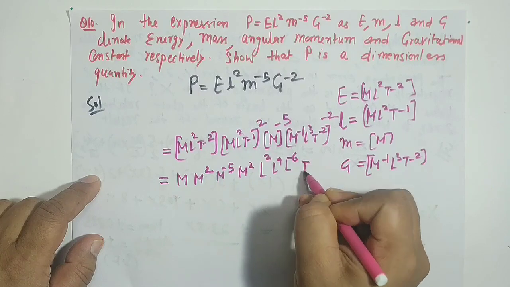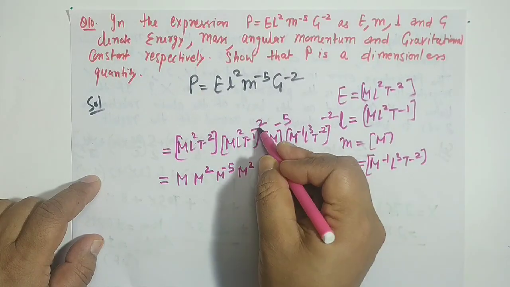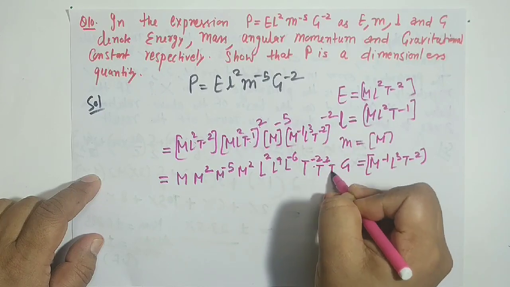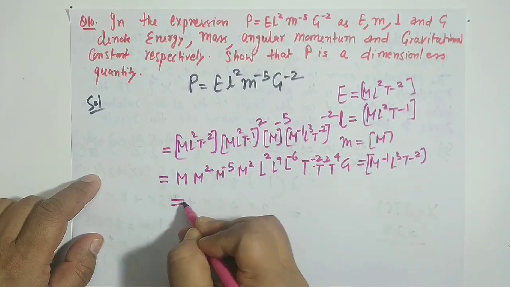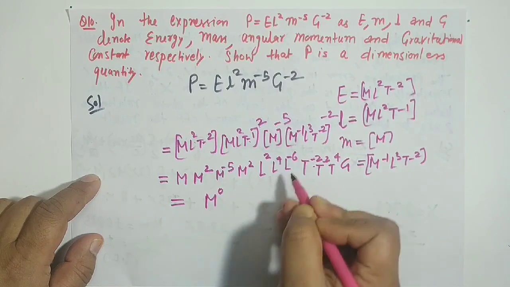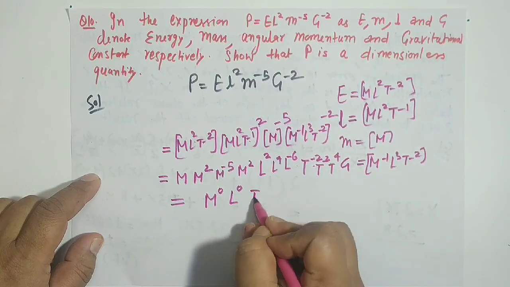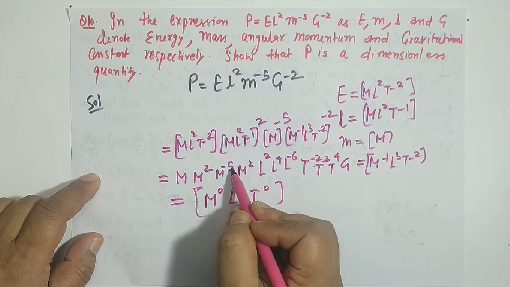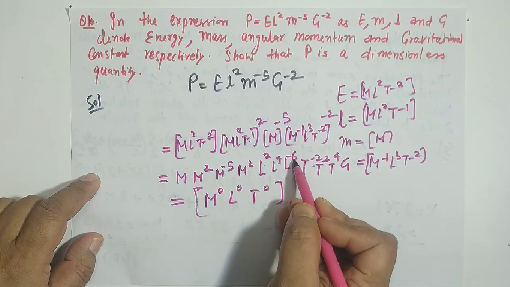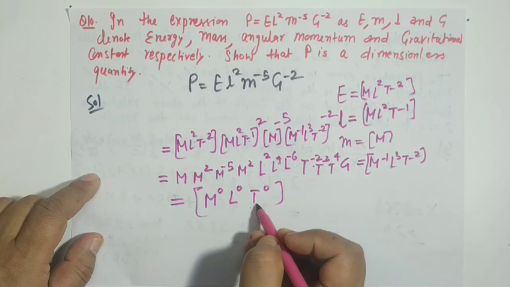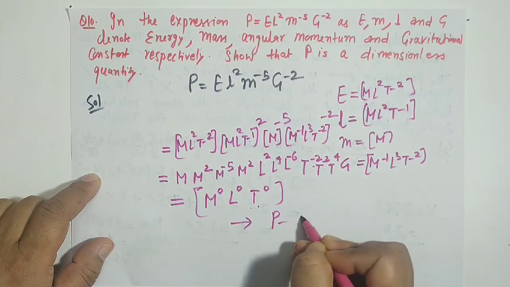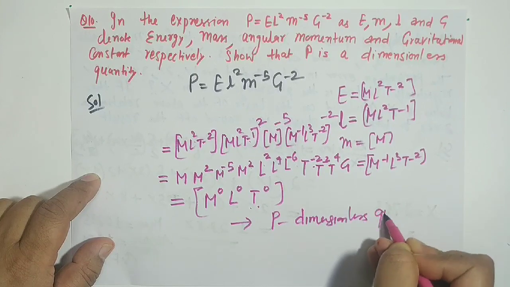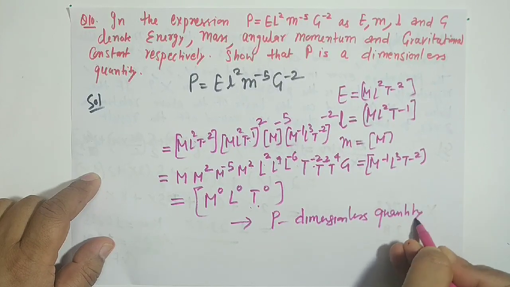And T minus 2 from here, minus 2 from here, and then last 4. Do you know M is becoming 0, L is becoming 0, T is becoming 0? Check them, add them: 2 plus 1, 3 plus 2, 5 minus 5, 0. 2 plus 4, 6, 0. They all cancel and this becomes dimensionless.